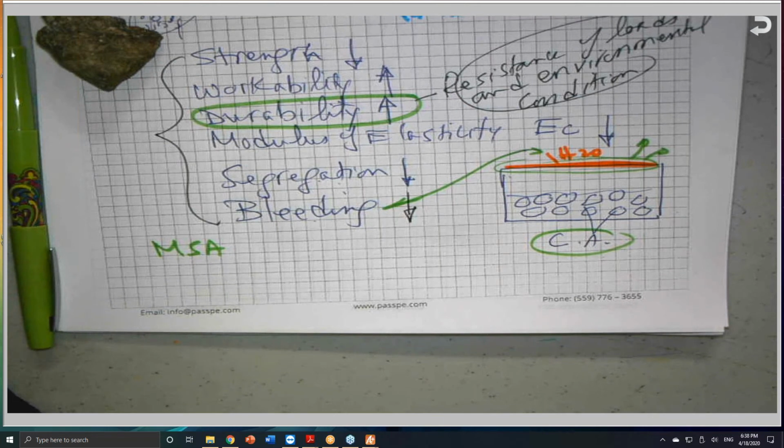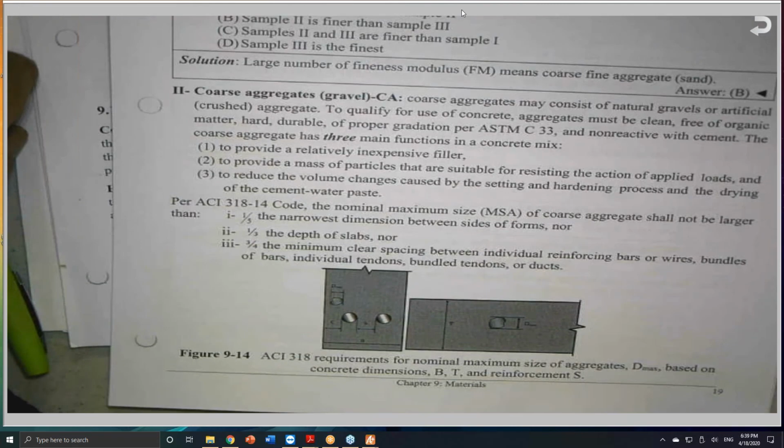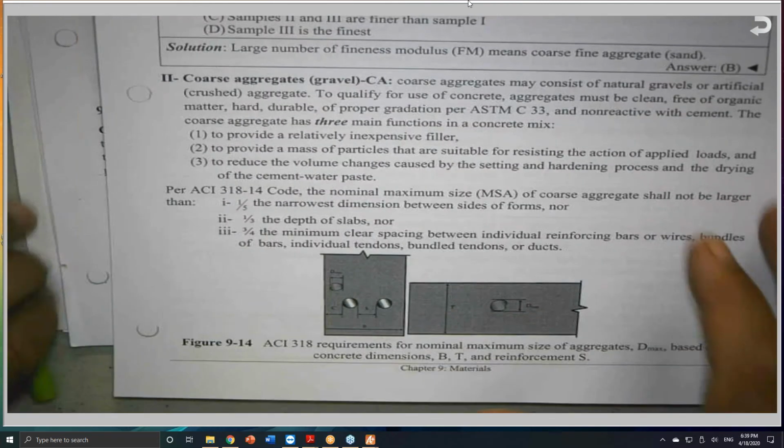I might have a picture. Yes, I do have a picture. It's not available in my civil book.